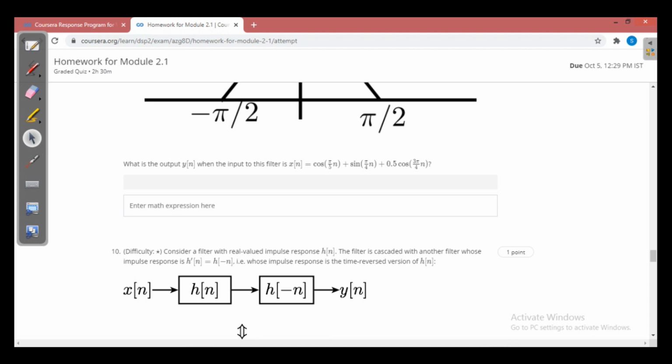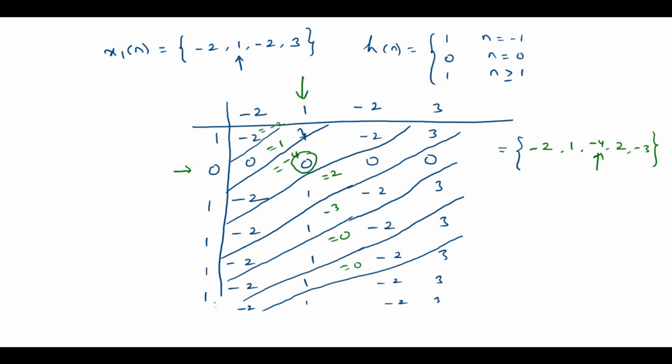Okay, now see, again the magnitude response of the filter, mod h of e power j omega, from minus pi by 2 to plus pi by 2. Okay, so that is the h of e power j omega value.